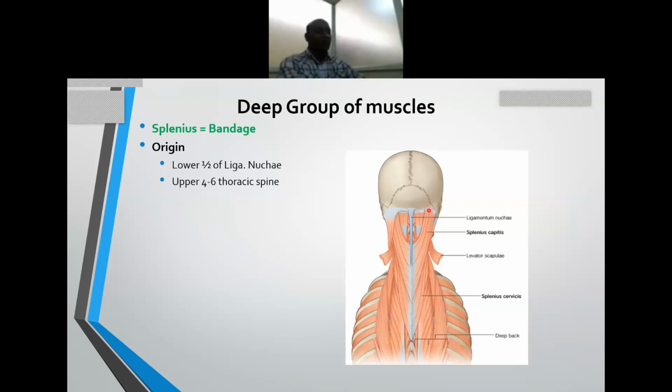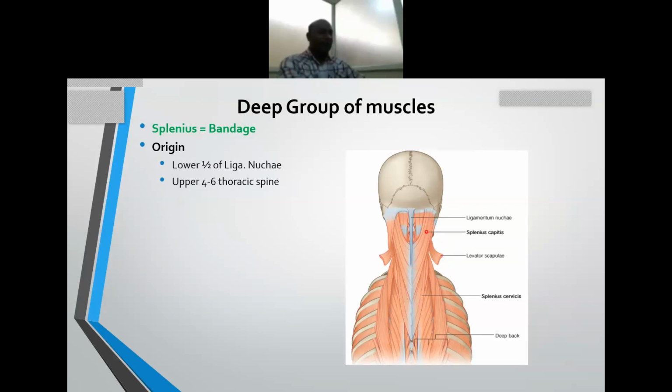Okay, and medially, the splenius capitis interwoven fibers form the median raphe in the ligamentum nuchae, as you can see here. So that is the splenius capitis muscle. Then splenius cervicis will be slightly lateral to it, and it will attach to the mastoid process and the area below the superior nuchal line.